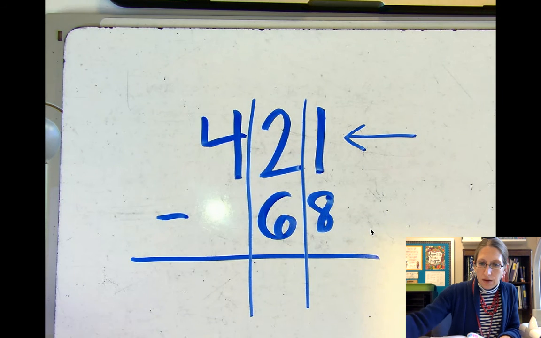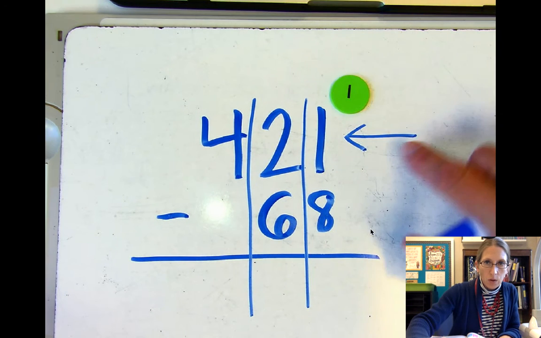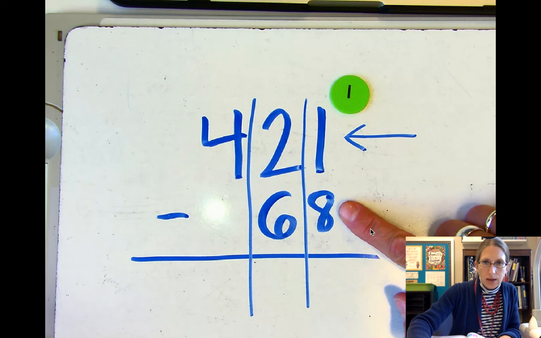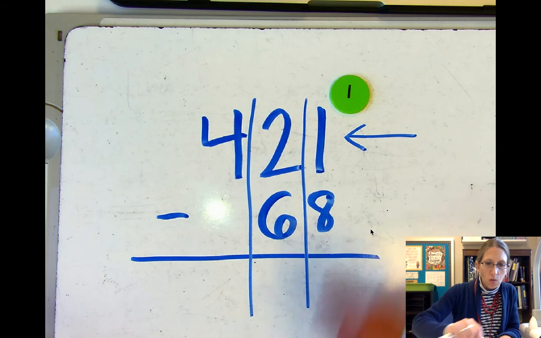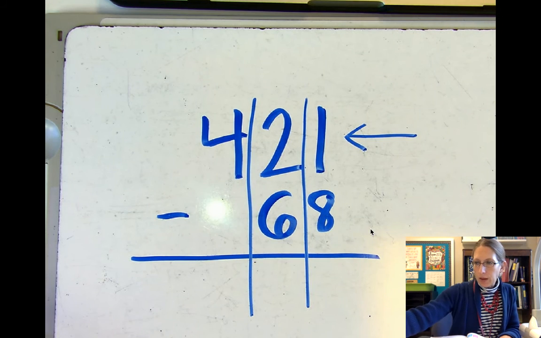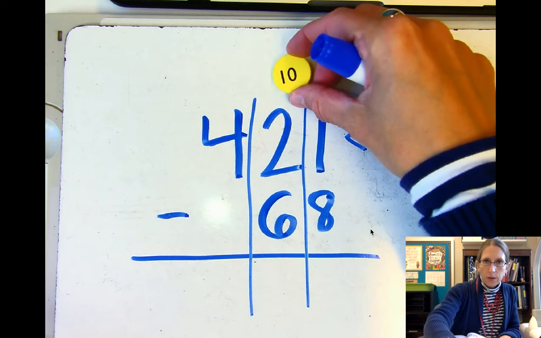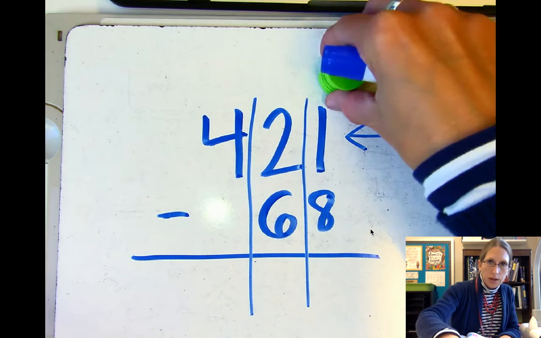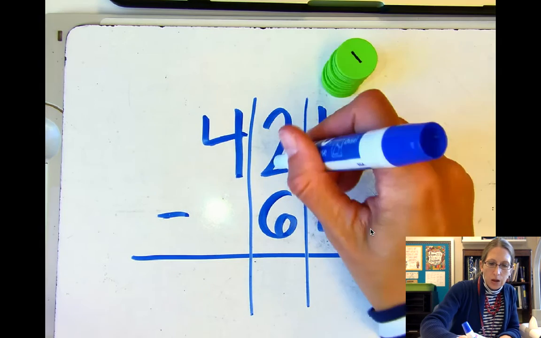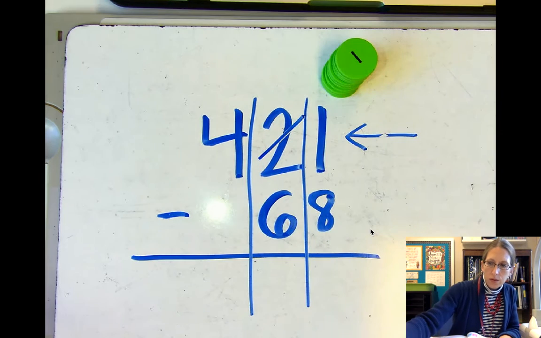So if I just have 1 in the ones place, can I subtract 8? Can I take away 8? No. So we have to do a little bit of renaming. We are going to take one of these 10s and scoot it over here to make 10 ones. So I'm going to cross this off.